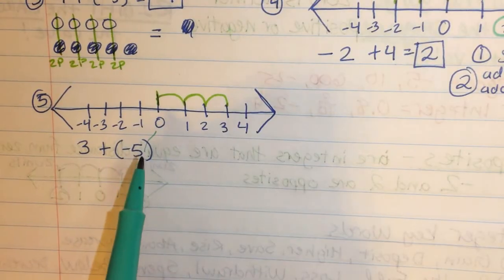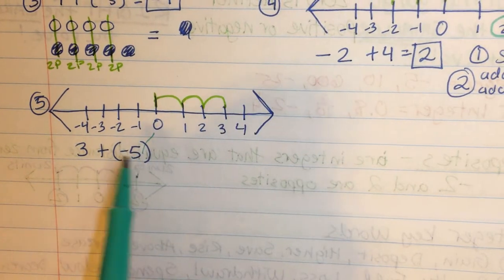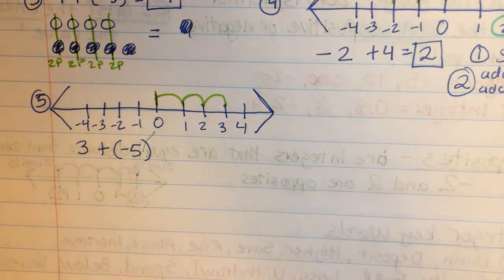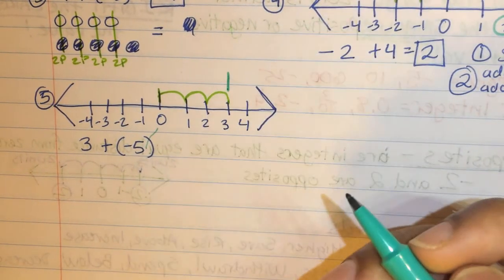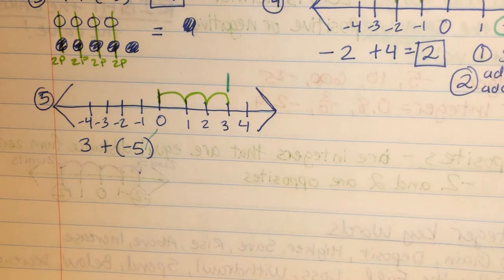So we're going to go to negative 5. But we're going to move 5 spaces to the left. So we pick back up where we left off, and what number did you end up with? Who said they were done with it? Okay, it's okay.